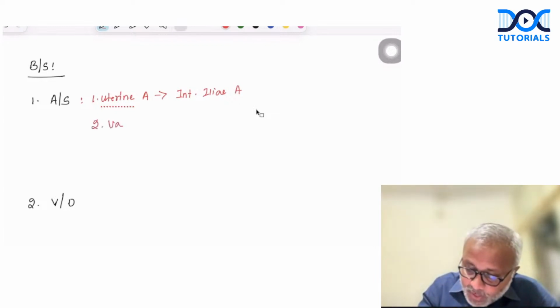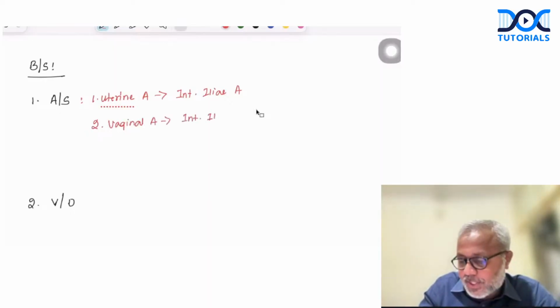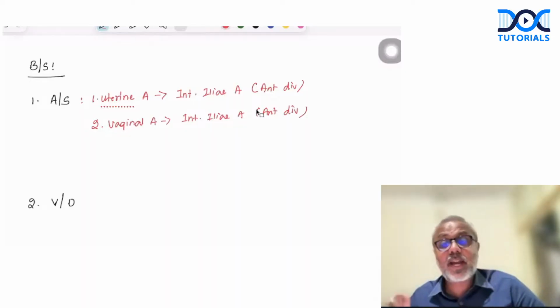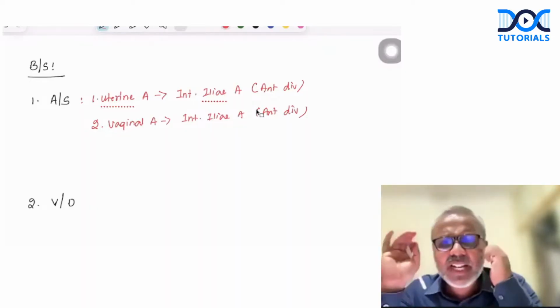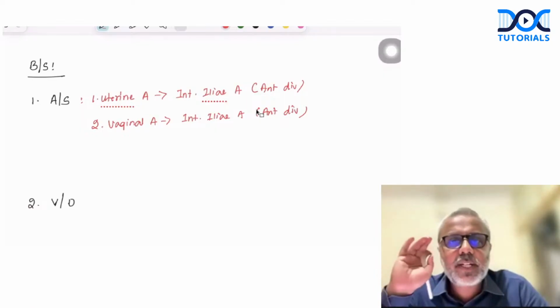Apart from this, it will also be supplied by the vaginal artery, which is also a branch coming from the internal iliac artery. If you want to be more specific, mention it as anterior division. Now, since this is a long essay and arterial supply is a part of it, restrict yourself to writing uterine artery and vaginal artery. They come from internal iliac.